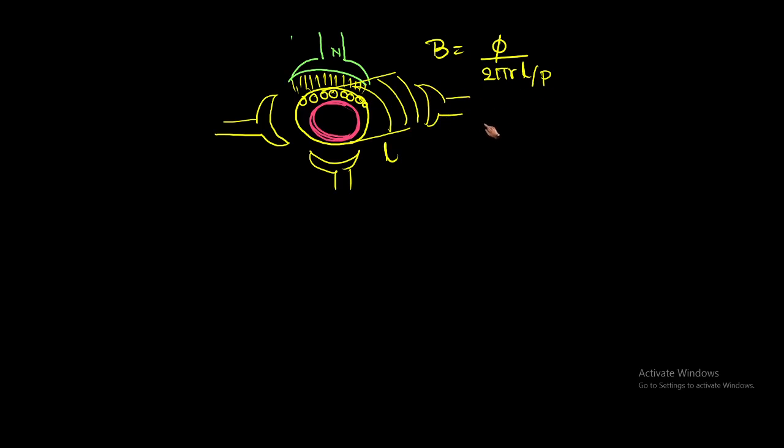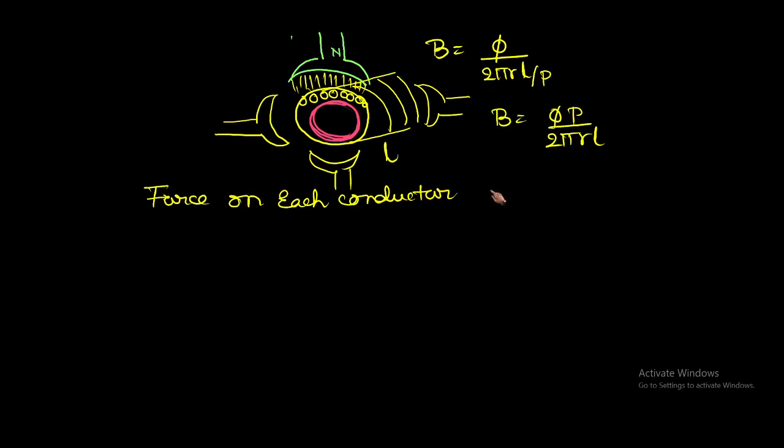So we can write the flux density B as P phi by 2 pi R L. Now the force on each conductor, we already know what the force is. Force on each conductor, F is equal to B I L newtons.